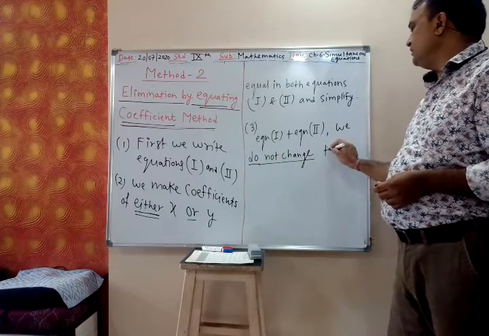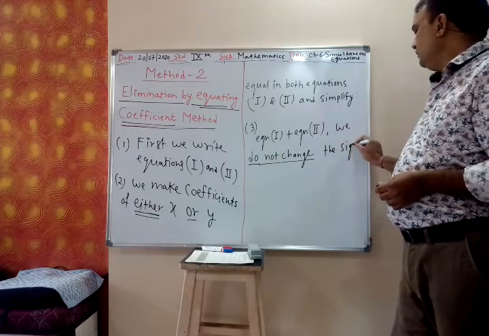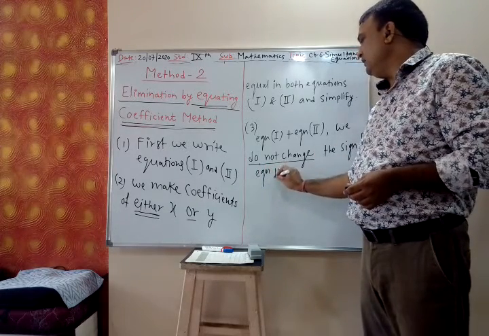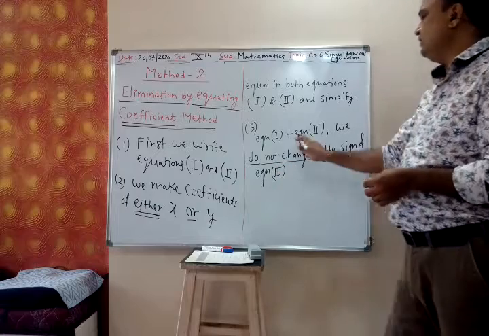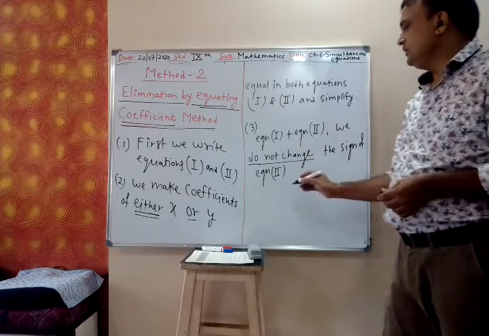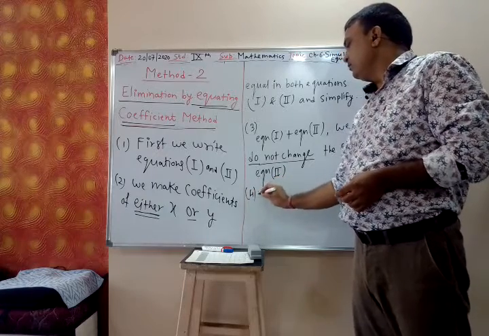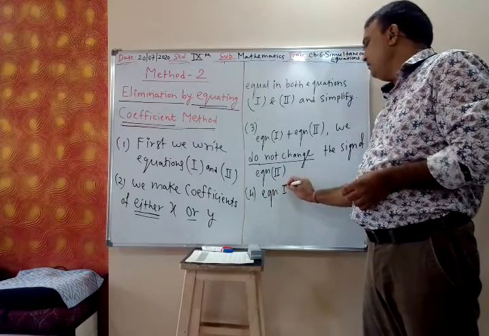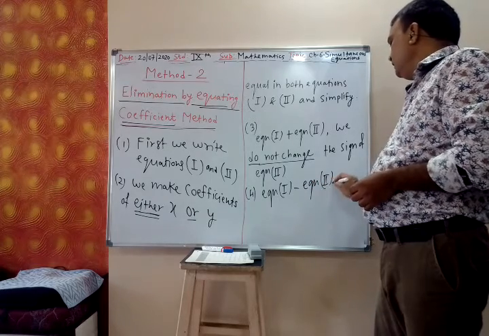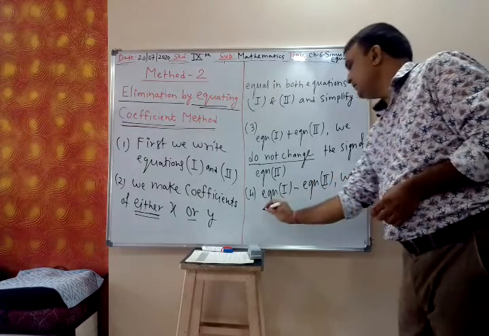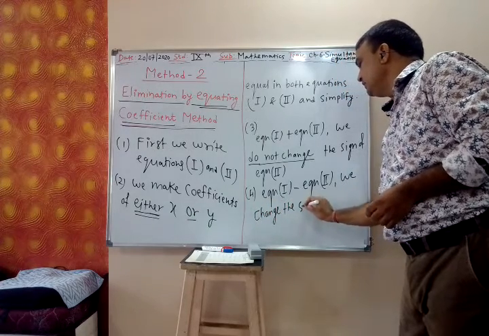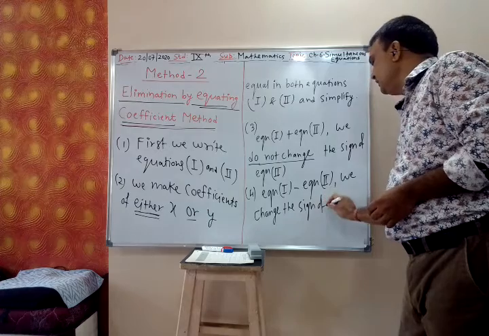Whenever it is plus, we do not change the sign of second equation. And fourth, equation 1 minus equation 2, whenever it is minus, we change the sign of second equation. So this you have to take care.